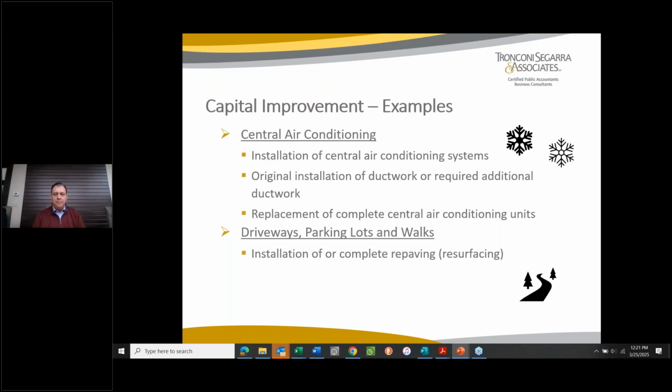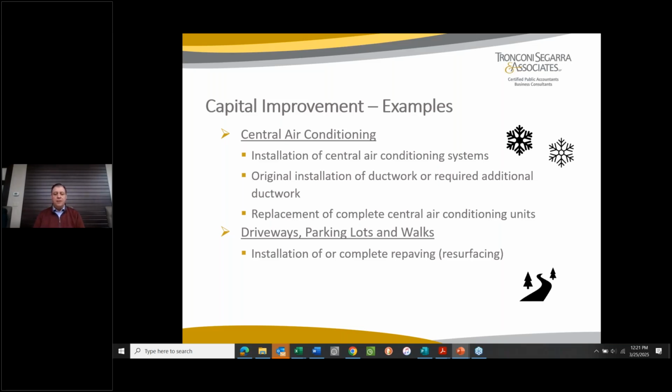Otherwise, the repairs and replacements are usually going to be taxable. So it has to be a complete replacement. Otherwise, if you're just replacing a controller or piping or a section of piping or something like that, that's going to be a taxable repair.